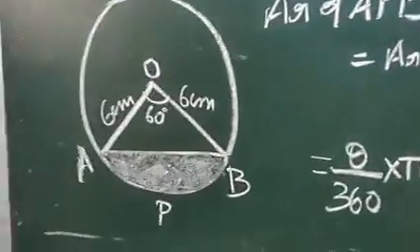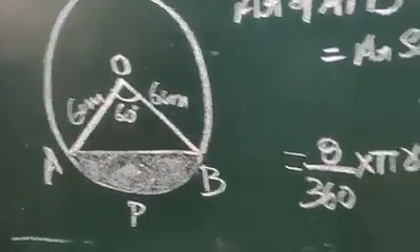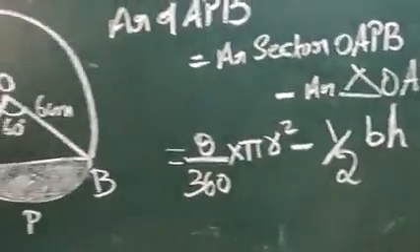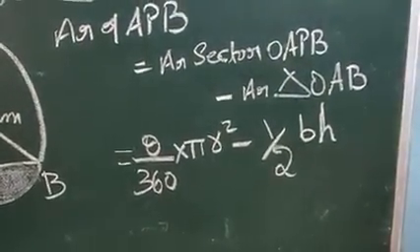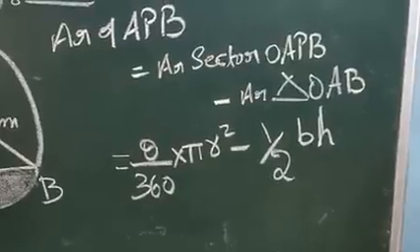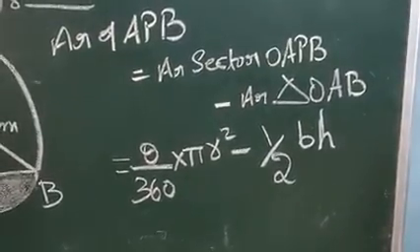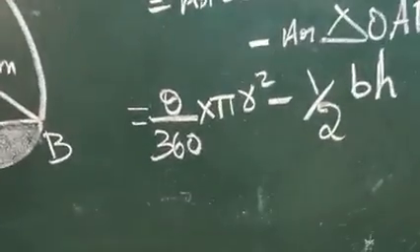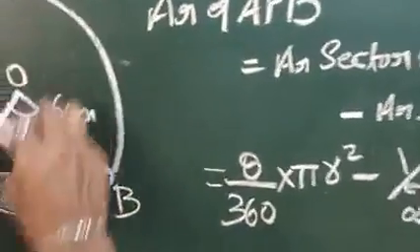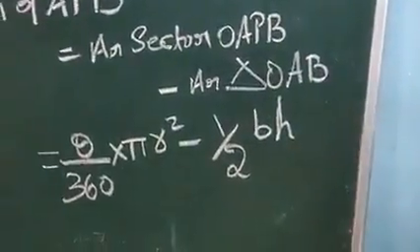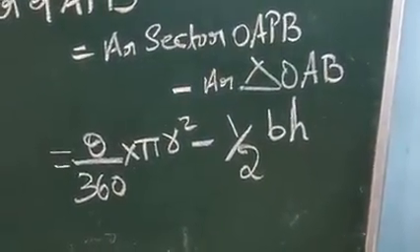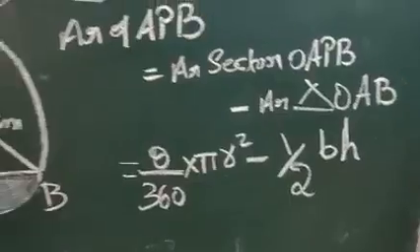Is it clear? I think this is very clear for you. Area of sector OAPB is nothing but theta by 360 into pi r square, so you get the full area. But from that, you need to subtract the triangle area, which is half into base into height.